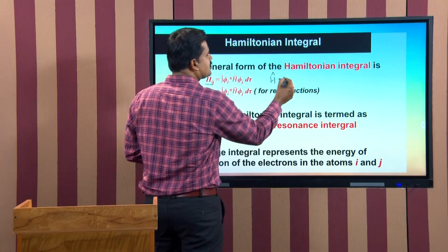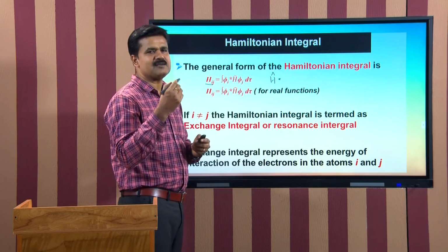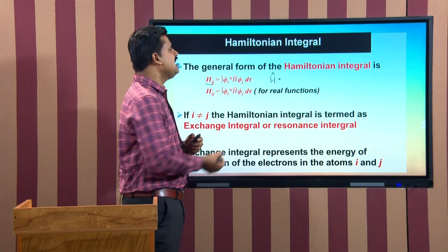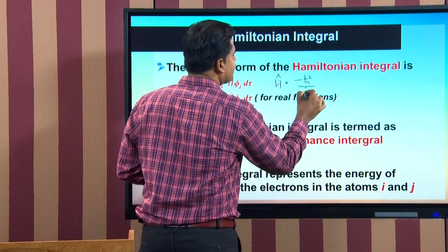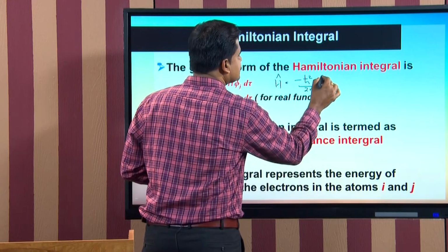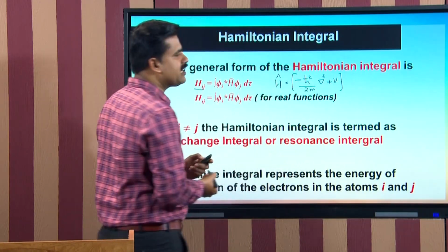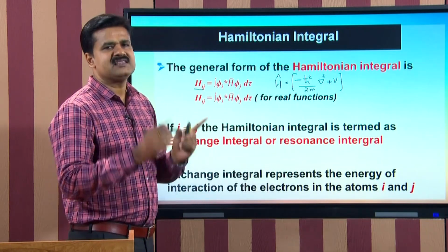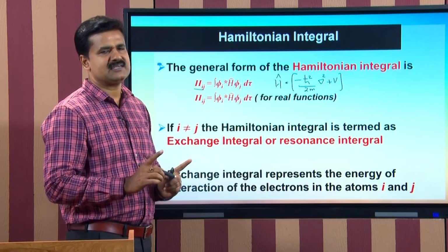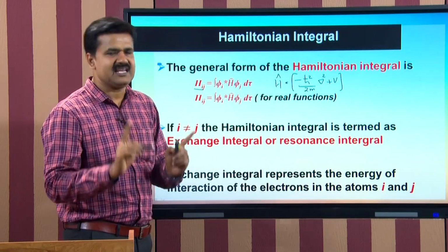Hamiltonian operator is the total energy operator. It consists of a kinetic energy part and a potential energy part, and H hat is equal to minus h cross squared by 2m del squared plus V. This is the Hamiltonian operator. Since Hij consists of the Hamiltonian operator, Hij is termed as the Hamiltonian integral.